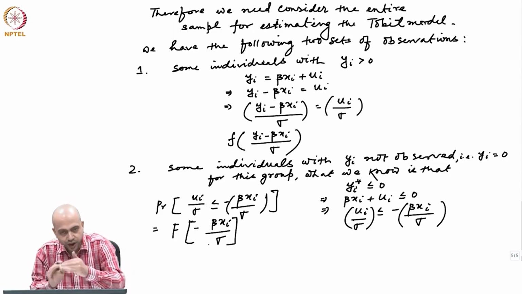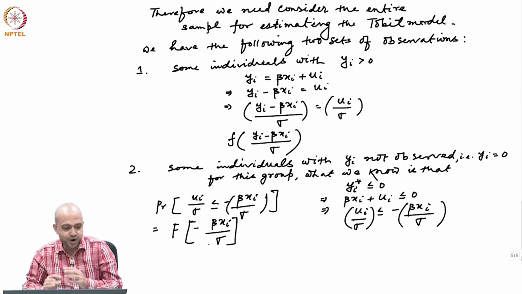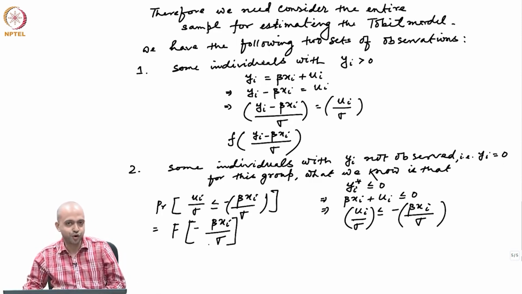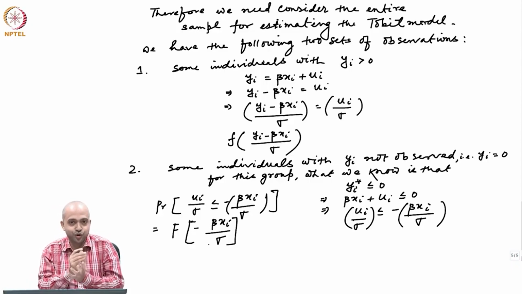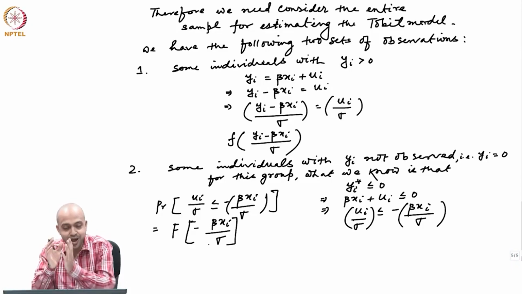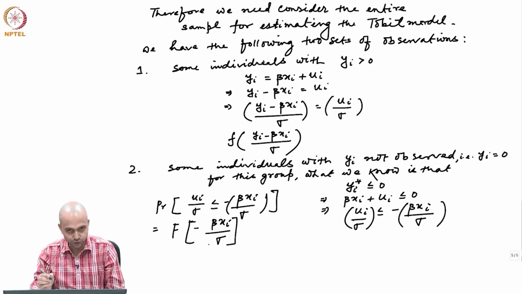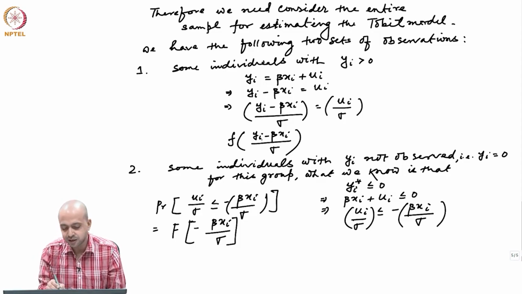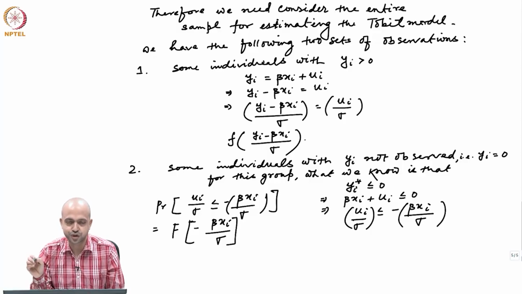So now what we need to construct, like the Logit and Probit model, is the likelihood of observing the entire sample. Within that sample, some individuals have 0 observation, and how do you represent them in terms of probability? That can be represented by the standard normal distribution, because when yi is greater than 0, this is nothing but yi equals beta xi plus ui.